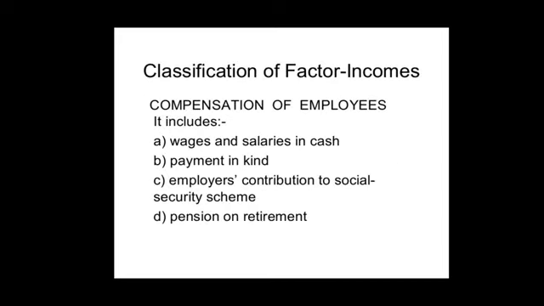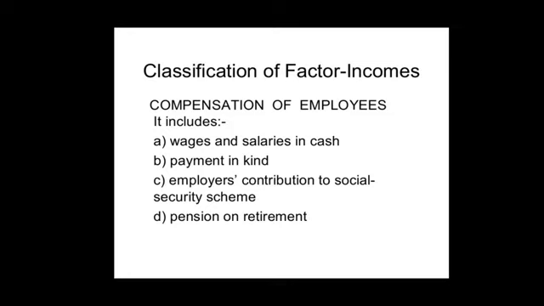The second step is to classify factor payments into different categories. Dear students, the factor incomes are grouped under three important categories. First category of factor income is compensation of employees.